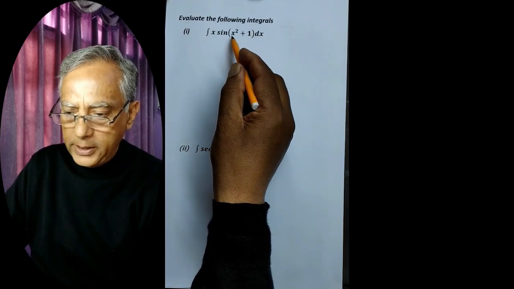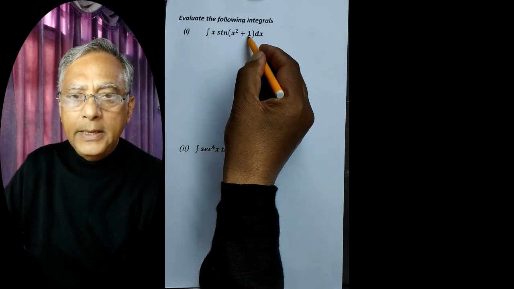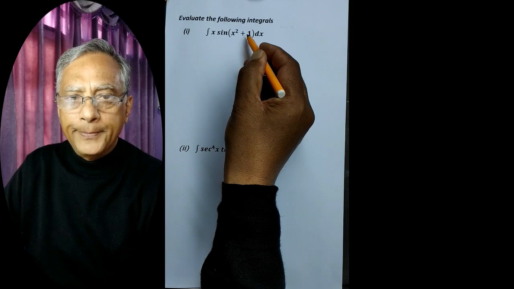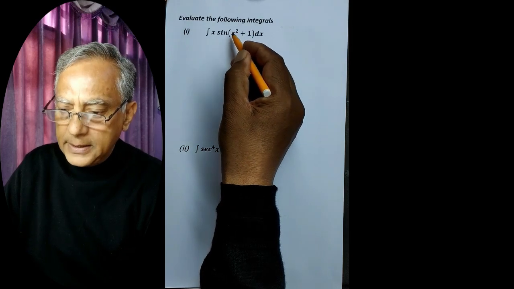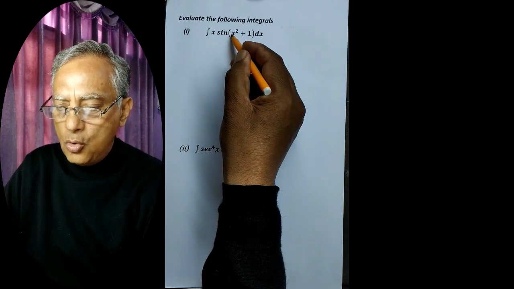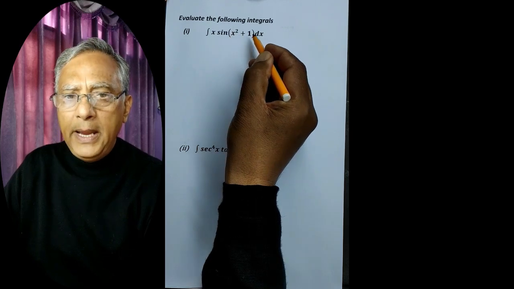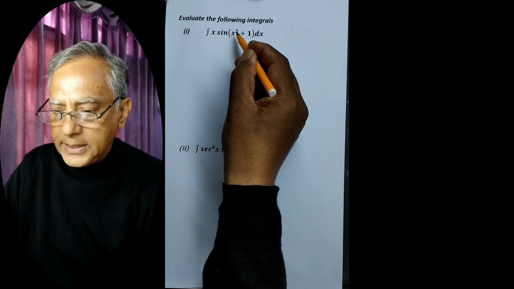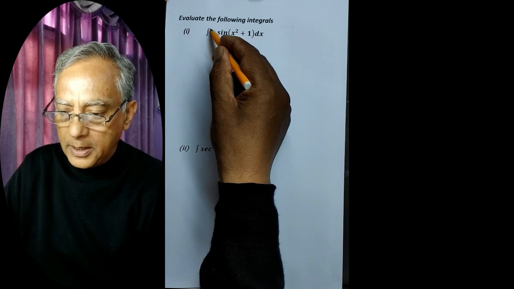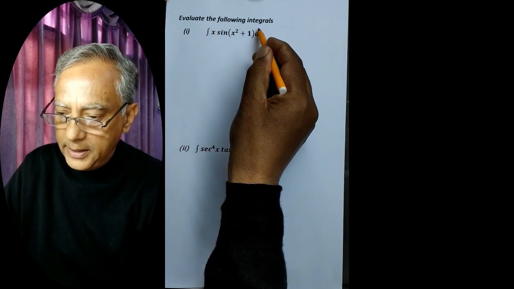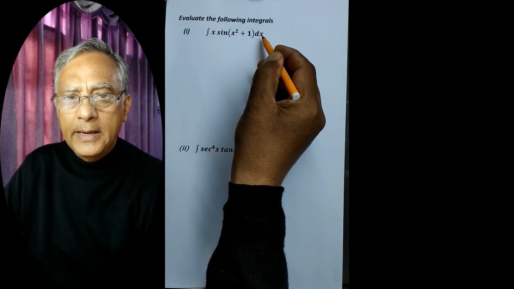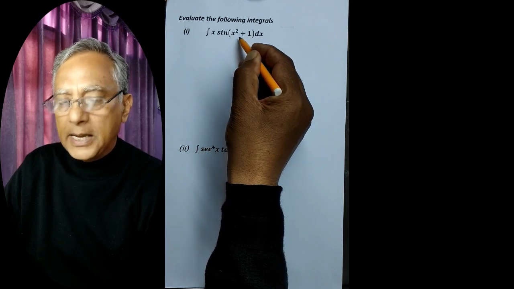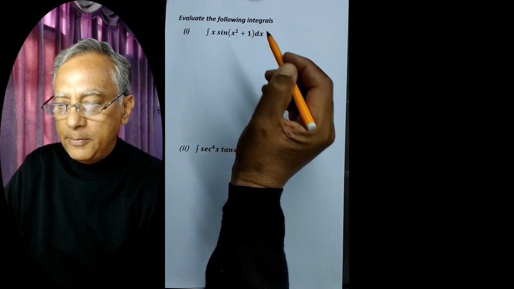If I put x square plus 1 equal to z, then differentiating this, we will get 2x dx will be dz. So x dx will be the simplification part. This will be gone in simplification, and this is sine of z. So this question will be solved.